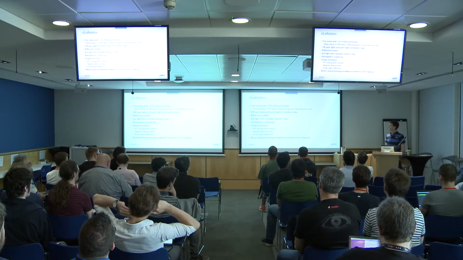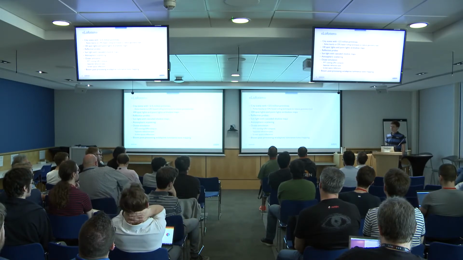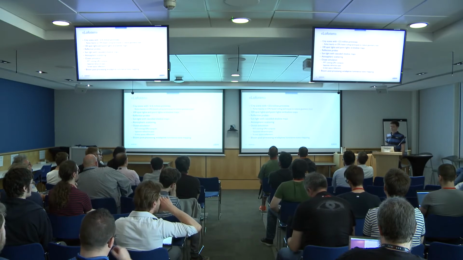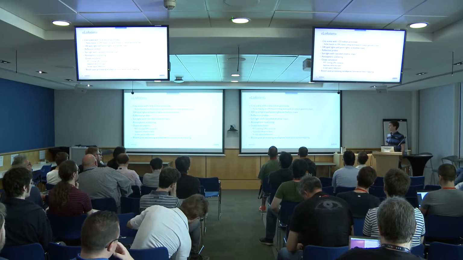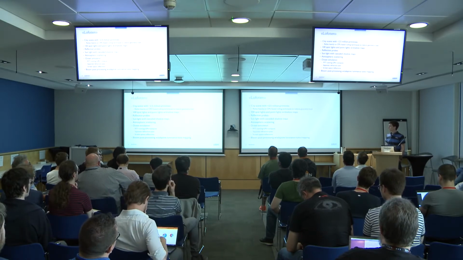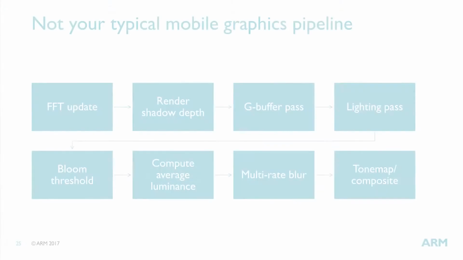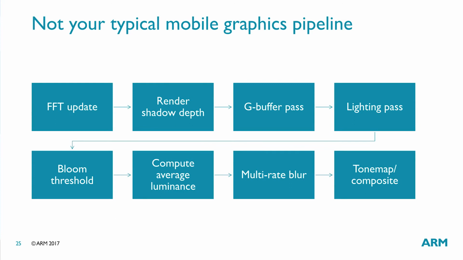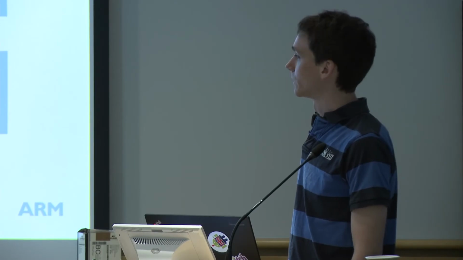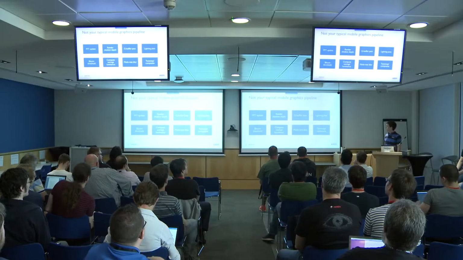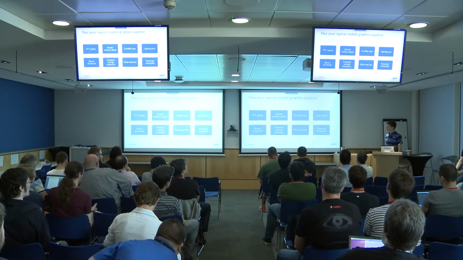So the rendering itself is very similar to the Sponza test, but we also have reflection probes and lots of environment effects, as well as ocean FFT simulation with separate refraction and reflection passes for the ocean, together with HDR and bloom. Even with all the bells and whistles, the main chunk of work is still the G-buffer pass and the lighting pass. So this is the typical flow in the rendering of the scene.